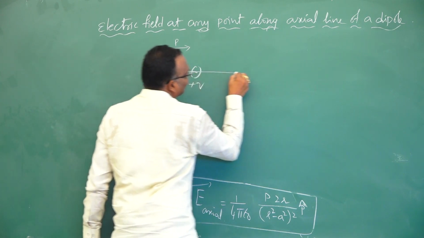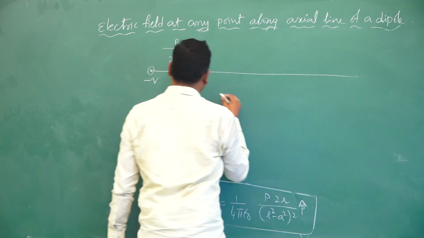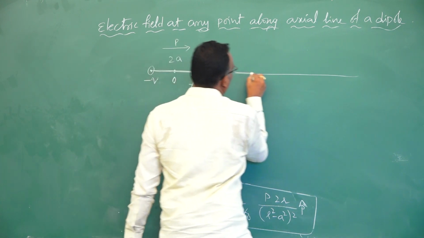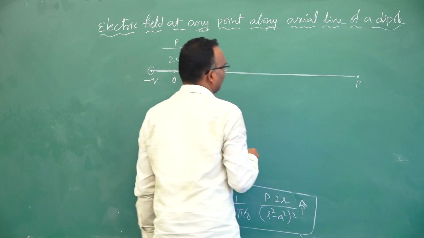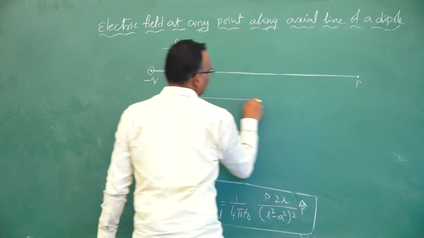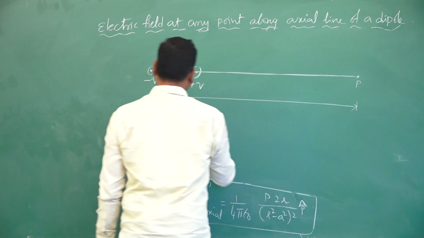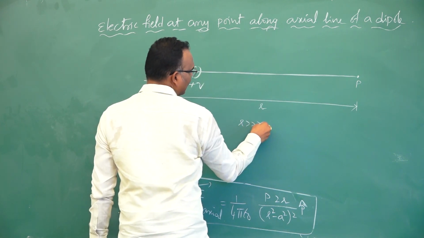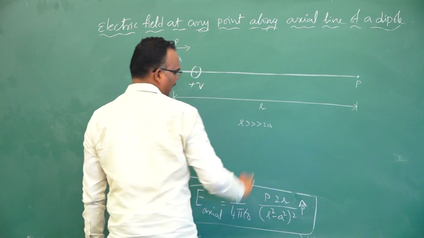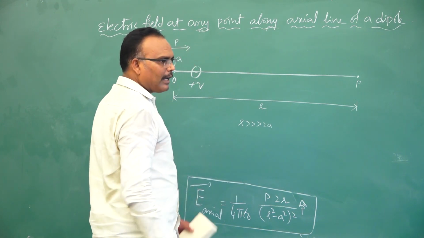If a point is selected here along the axial line, at a distance r from the center of the dipole, and r is greater than 2a, then what will happen?